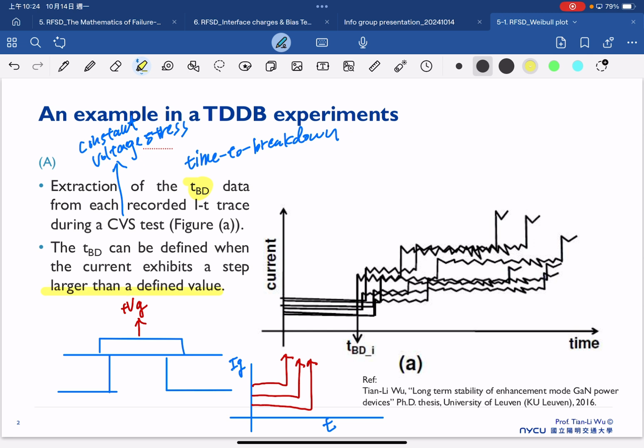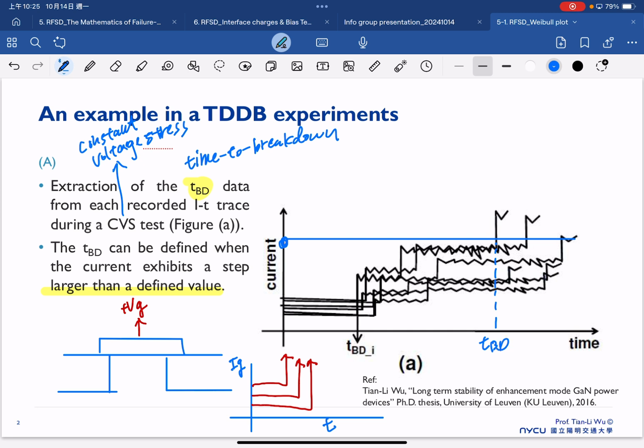For example, if we define our value here, that means as long as the current increases beyond this range, we define that as the value of the TBD, the time to breakdown.